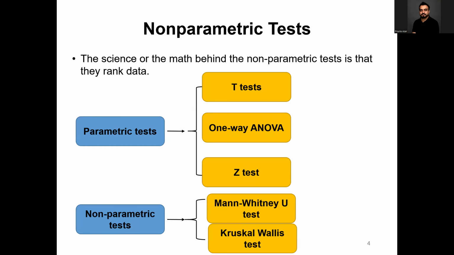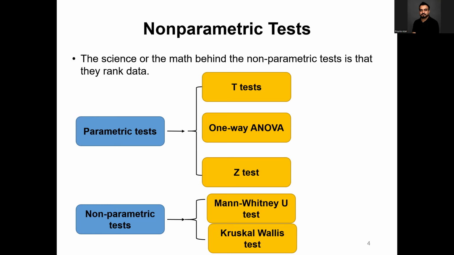A few notes from your previous module. In module 3, we discussed assumption testing in order to choose between parametric or non-parametric tests. If those assumptions are met, then we will go with parametric tests like t-tests, one-way ANOVA, z-test, Pearson correlation.